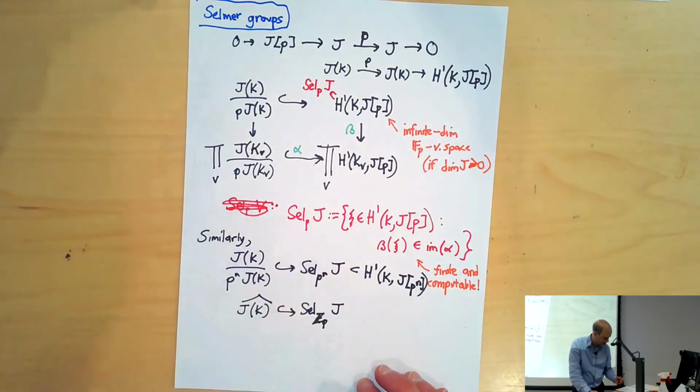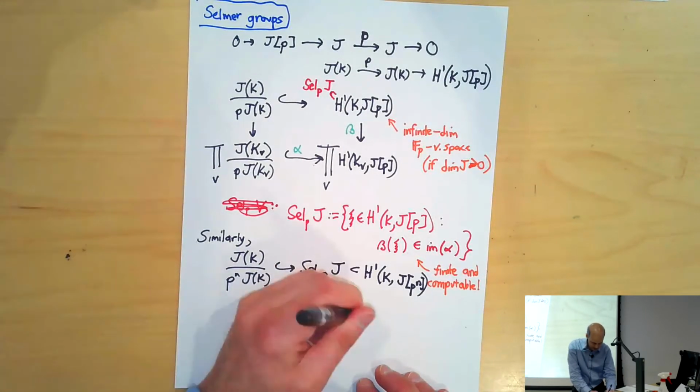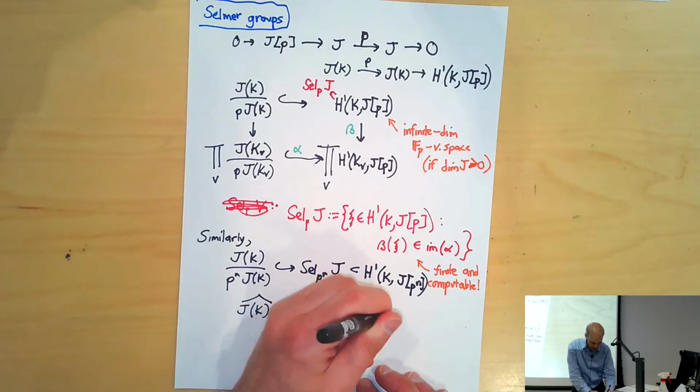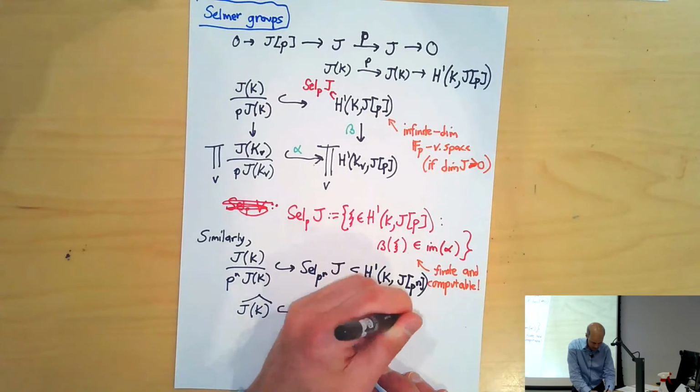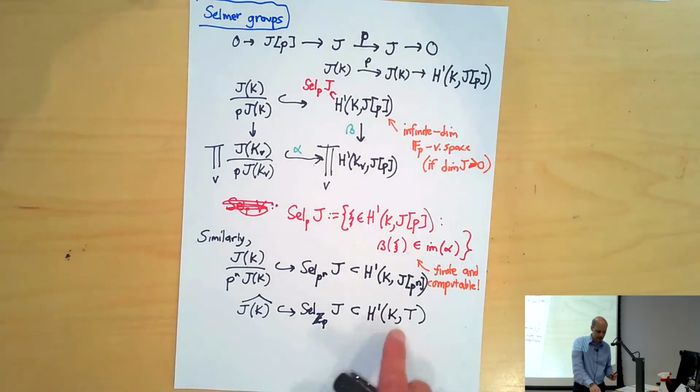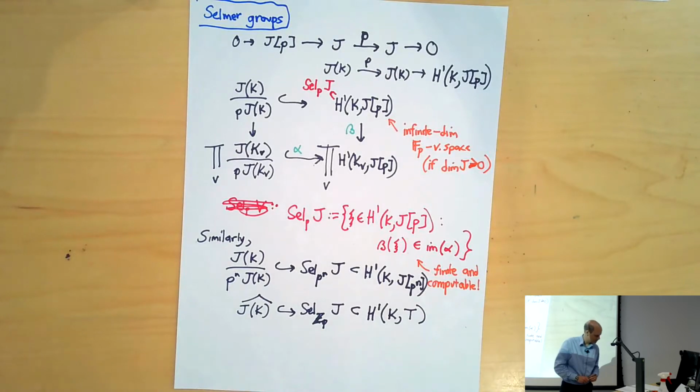So this is a Z_p module, contained in the Galois cohomology of the Tate module. Throughout, we're really talking about continuous group cohomology, so these are represented by continuous cocycles.